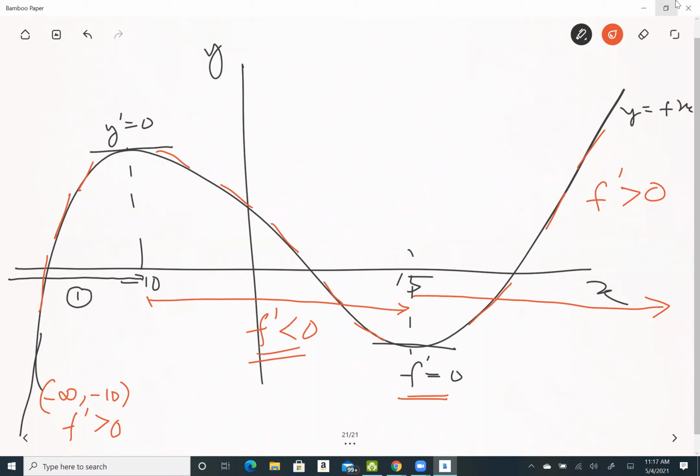Now, generally, the point where y prime equal to 0 can occur anywhere. Well, I shouldn't say critical point yet.